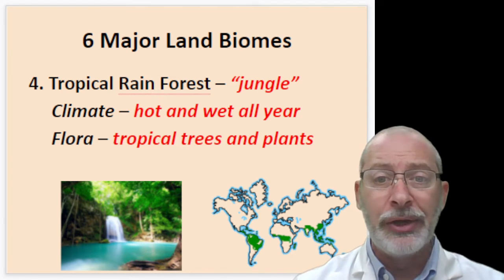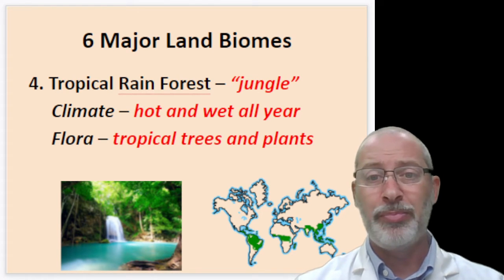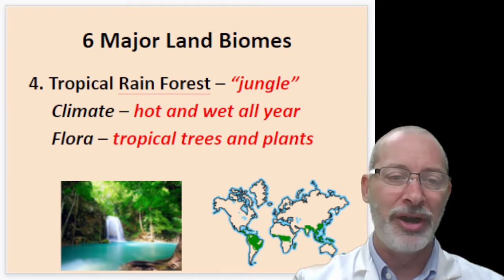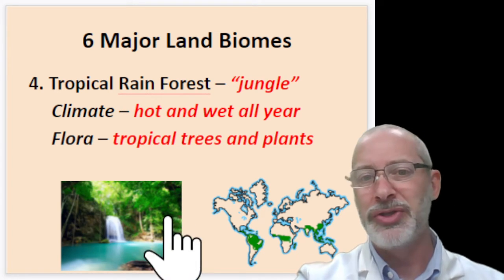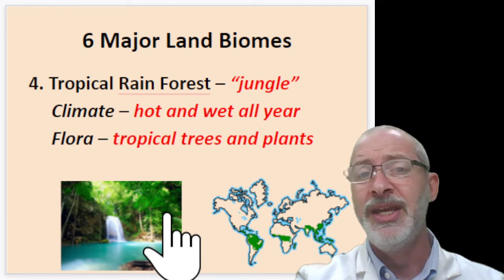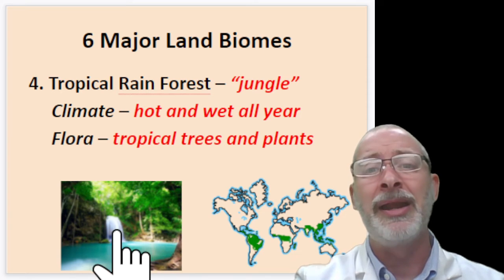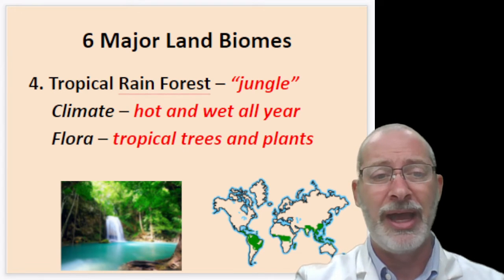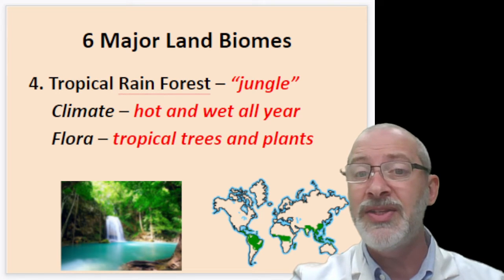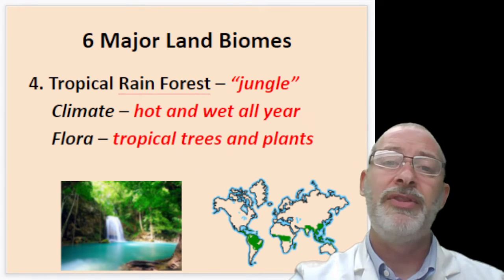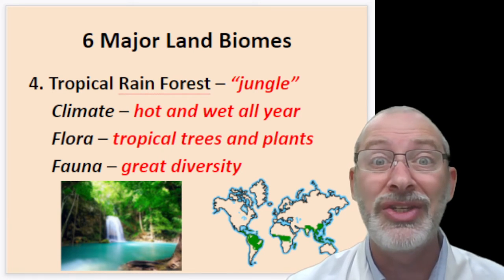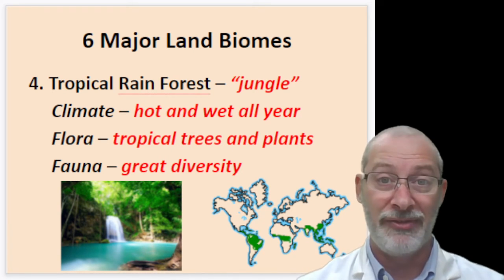This picture shows a pretty typical example of a tropical rainforest, with very lush green species of trees that stay green year round and a plentiful supply of water. And because of that constant climate, there is a great diversity of life.